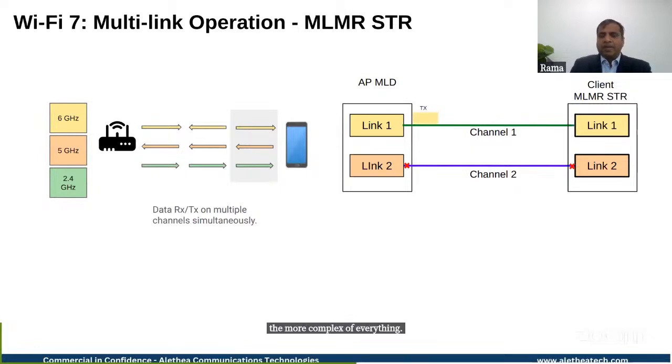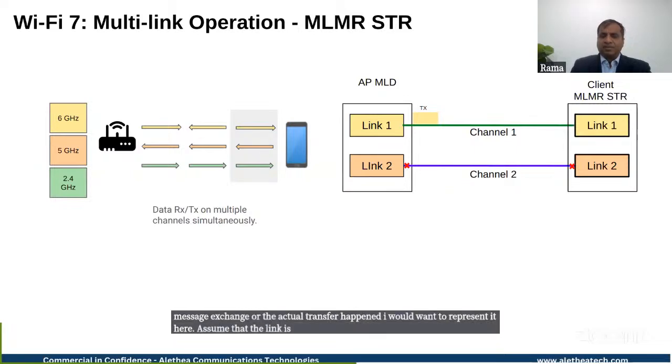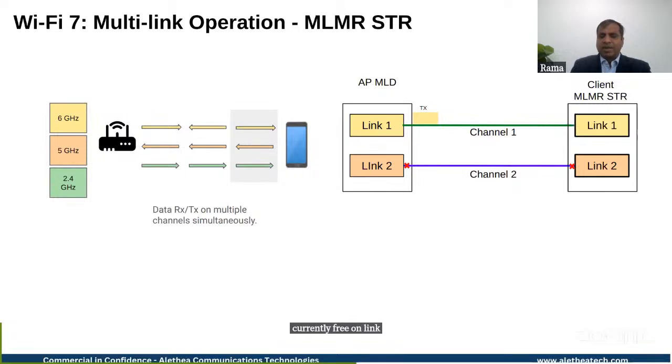If I go back to how the message exchange or the actual transfer happens, I would want to represent it here. Assume that the link is currently free on link 1, which is the 6 gigahertz band. So the transmission happens on the 6 gigahertz band. Then we have an ACK for the transmission that has happened. And then the channel is busy for some time.